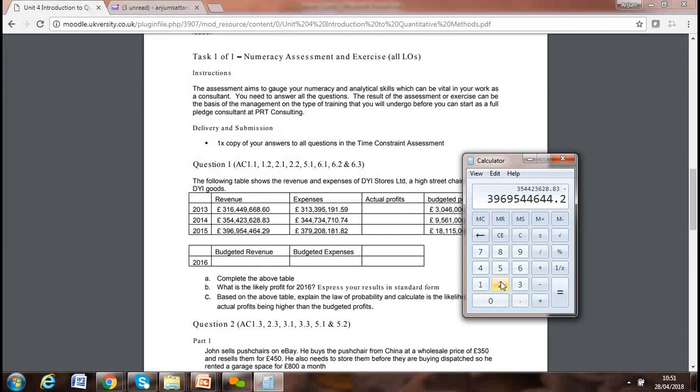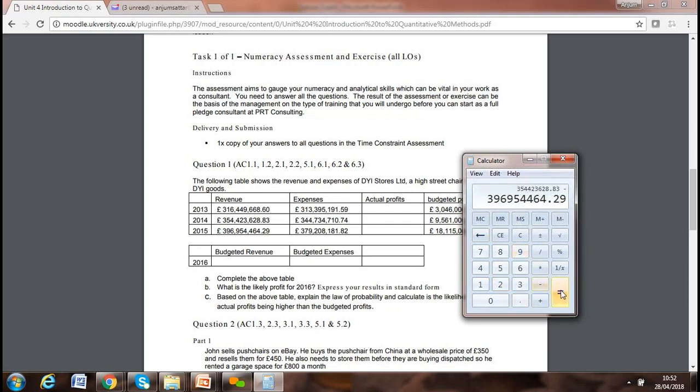Oh, I'm entering wrong figures. So 396,954, 464, and it should be a decimal point.